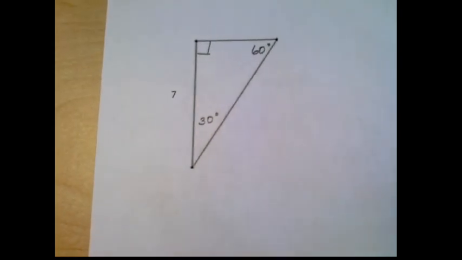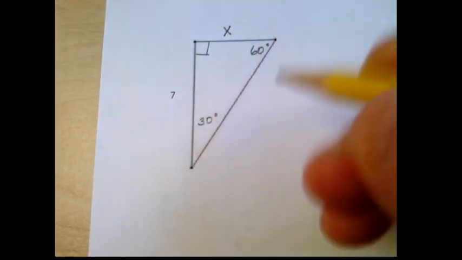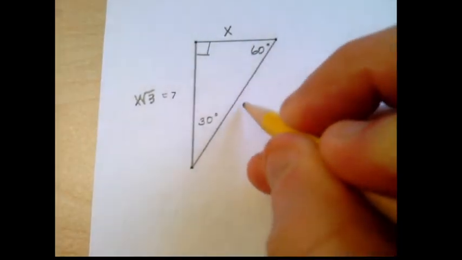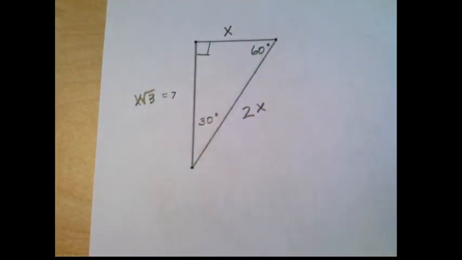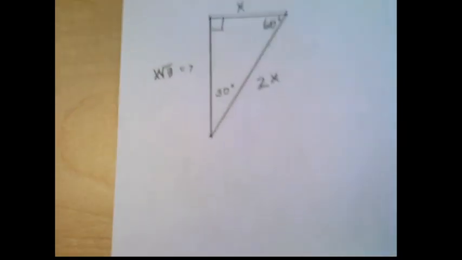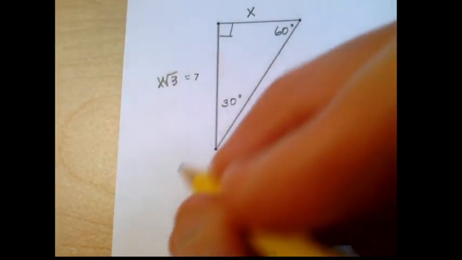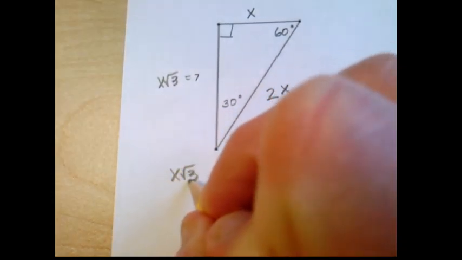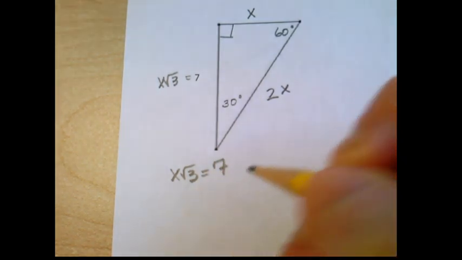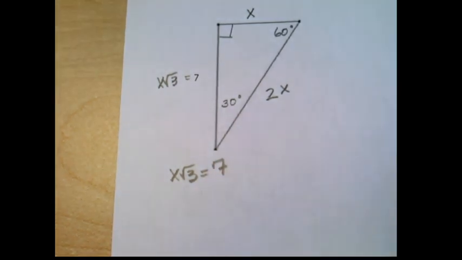All right. And this last one here, we have x radical 3. Oh, this is going to be a good one. And this is going to be 2x. So, if I'm doing this, x square root 3 equals 7. I have to get x by itself.